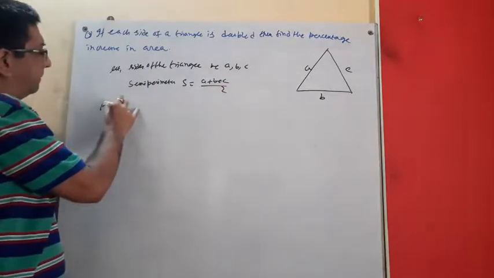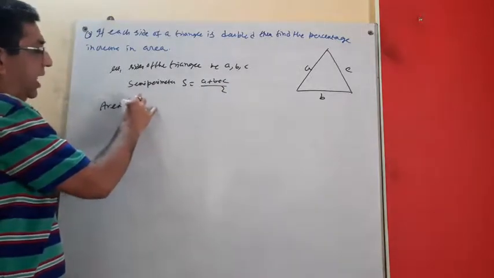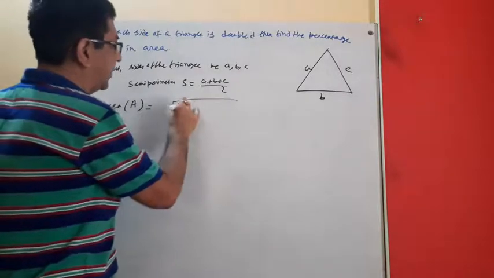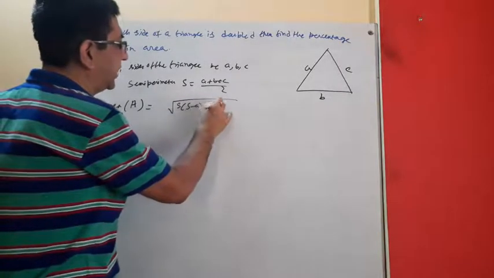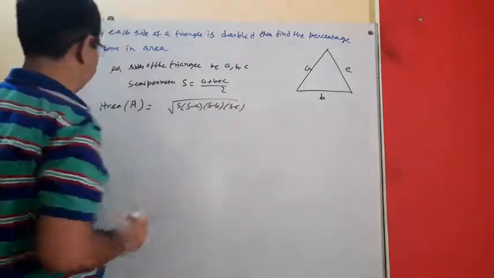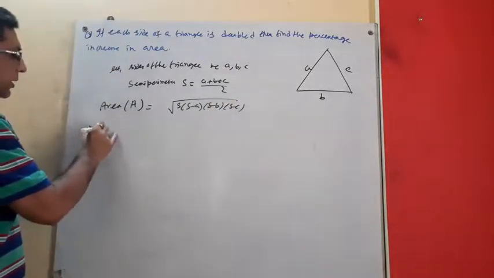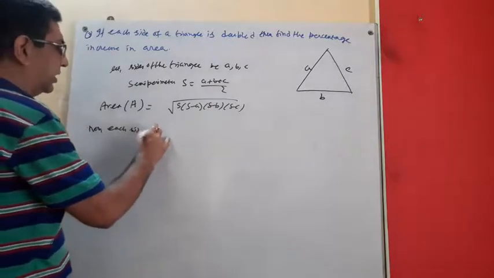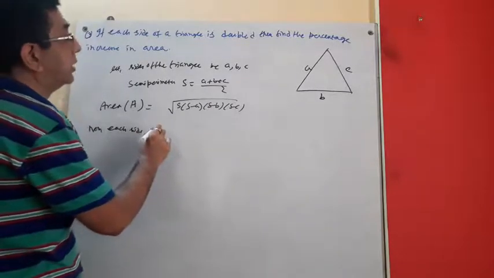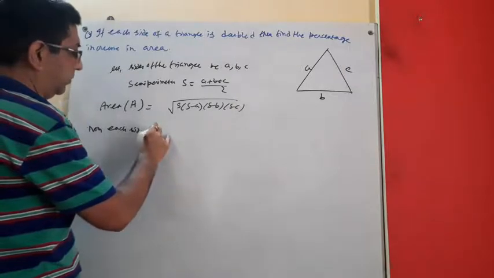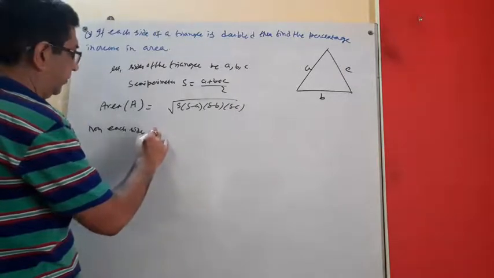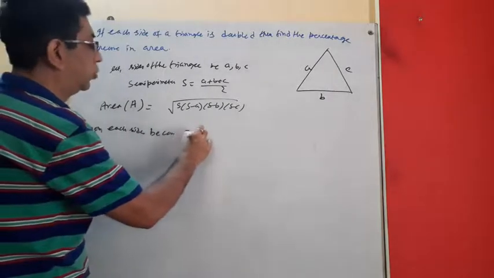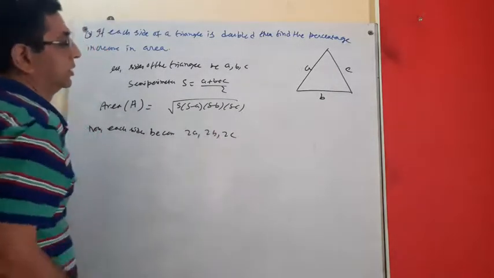So area A equals root over s into (s minus a), (s minus b), (s minus c). Now each side becomes 2a, 2b, 2c.